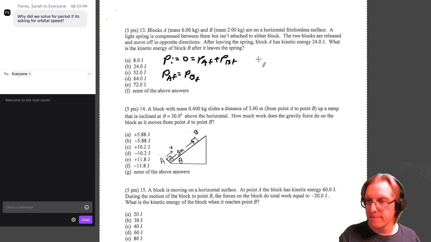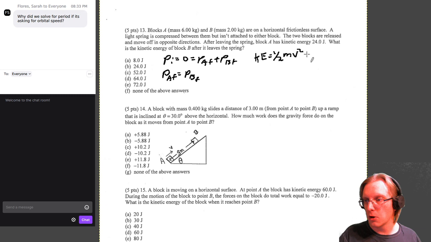Kinetic energy is equal to 1/2 mv squared. I'm going to do a thing because I suspect that this equation is going to be handy in this one. Momentum here is mv.